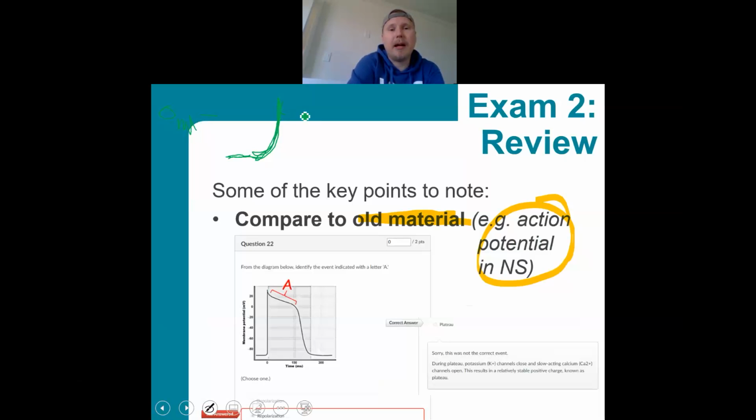Then we have the plateau. And then we repolarize, sorry. We do a little undershoot, which is the recovery time. And then we go to the normal resting potential, which was negative 80 or 60 millivolts, depending on where we are.